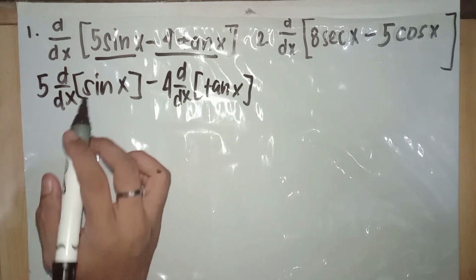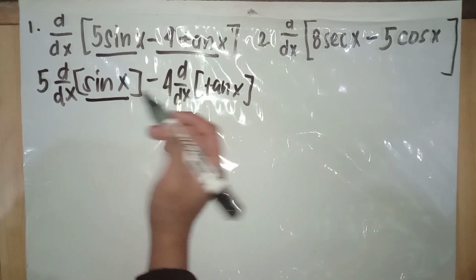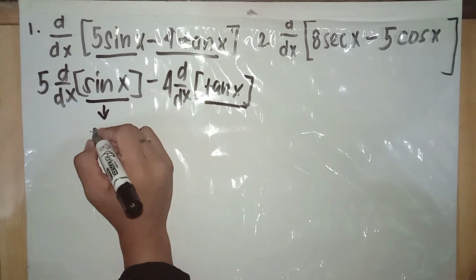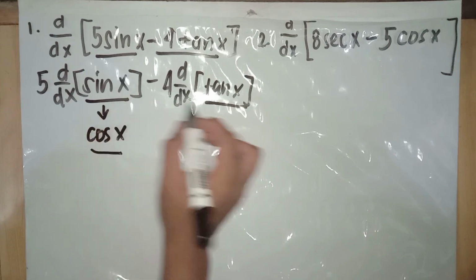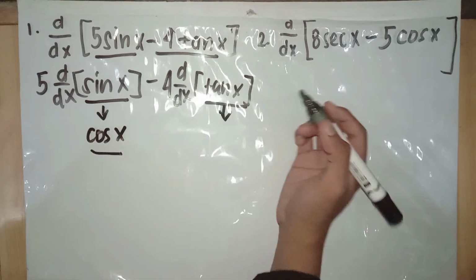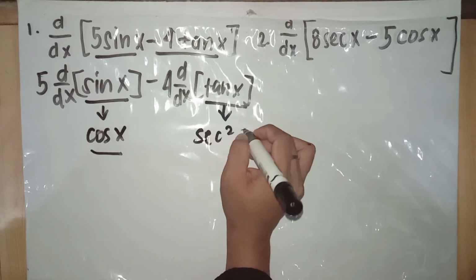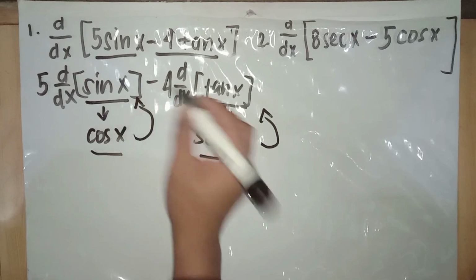Based on the derivatives of trigonometric functions, the derivative of sine x is cosine x, while the derivative of tangent x is secant squared x.